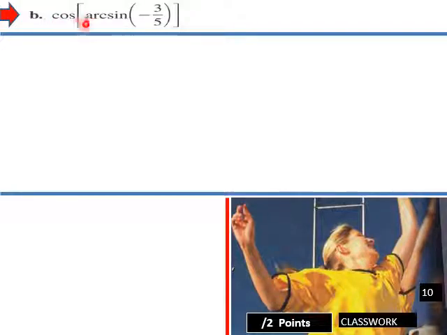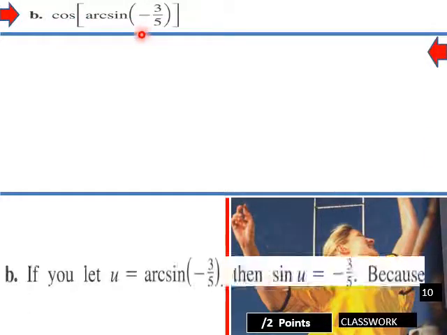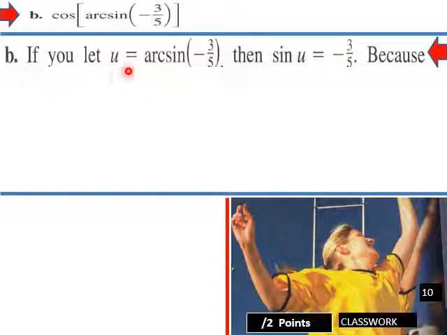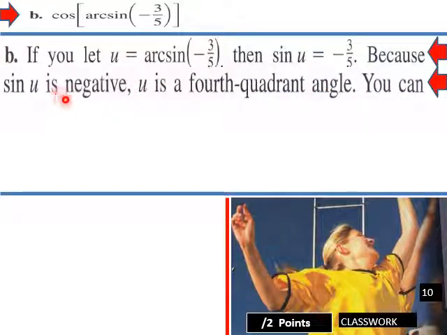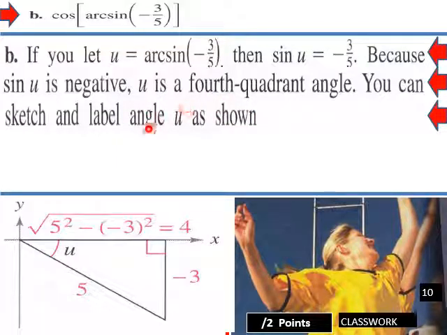And then for b, cosine of arc sine negative 3 over 5. If you let u equal arc sine of negative 3 over 5, then sine u equals negative 3 over 5. Because sine u is negative, u is a fourth quadrant angle, and you can sketch and label angle u as shown.